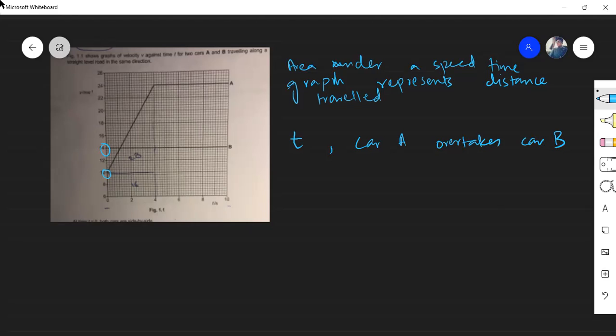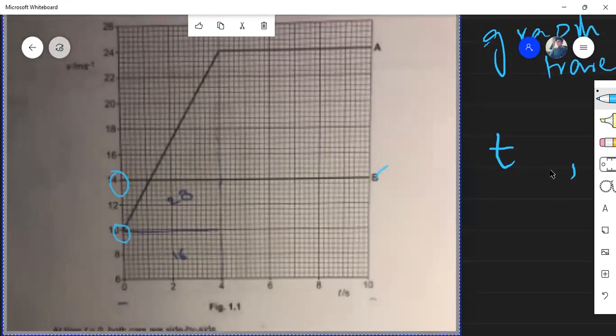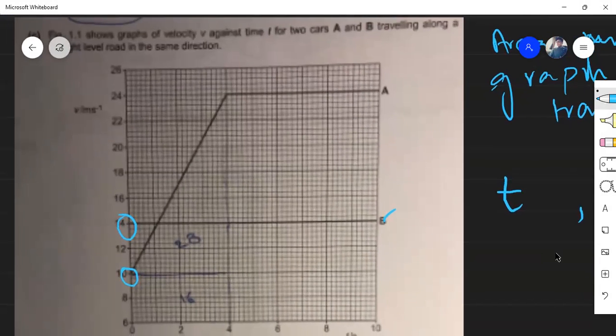So here's the thing. Let's zoom into the graph a bit. We can say that car B is traveling with constant speed. Is that right? Yeah.